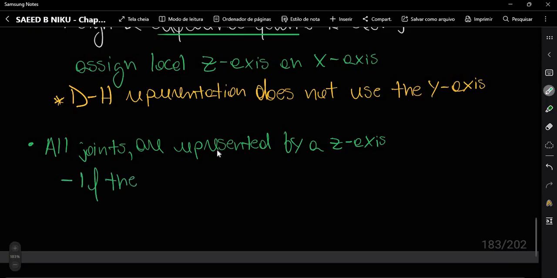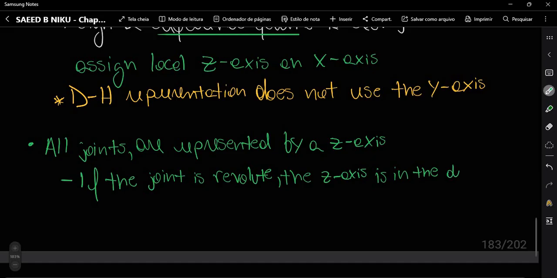If the joint is revolute, the z-axis is in the direction of rotation.